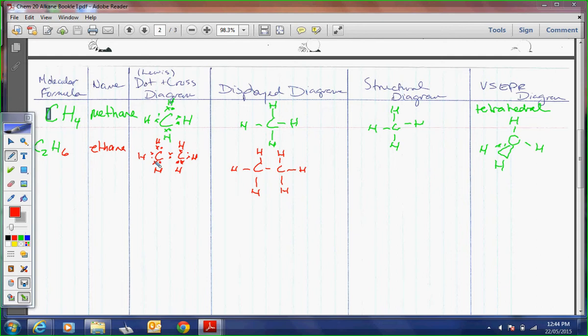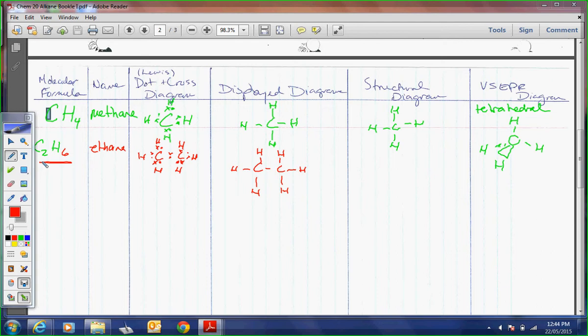Structural diagrams kind of can be grouped together a little bit. There's a whole variety of structural diagrams you can have. Lots of different ways you can do structural diagrams. It just means it's not all smushed together like this. That's all smushed together. The molecular formula, all the carbons are together, all the hydrogens are together.